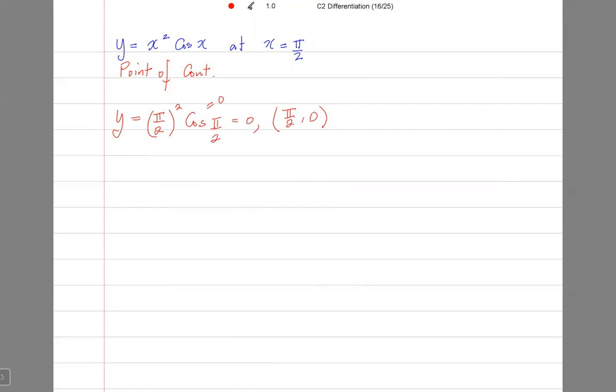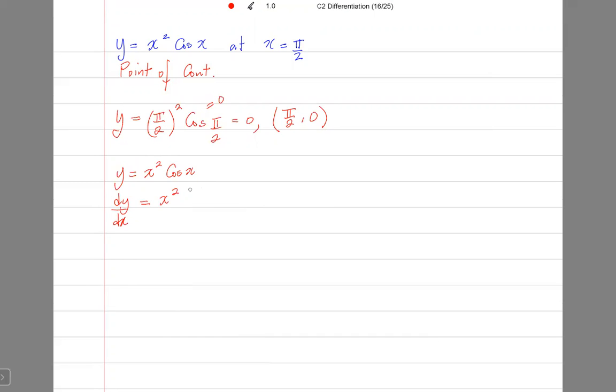So next, I'm going to determine dy by dx. So I have y, and from that I can determine the gradient of the curve, which will be equal to the gradient of the tangent. So y is equal to x squared cosine x. This is a product differentiation, so dy by dx: I'm going to leave the first, so that's x squared.